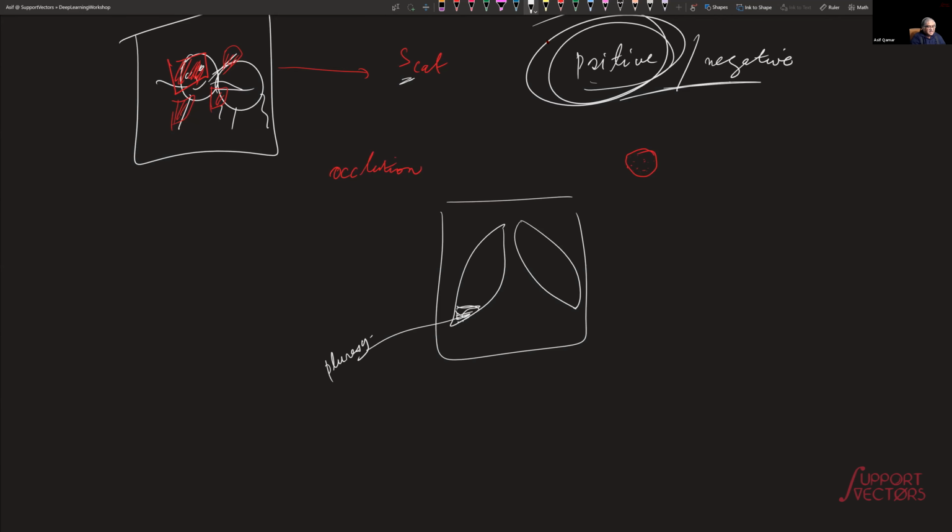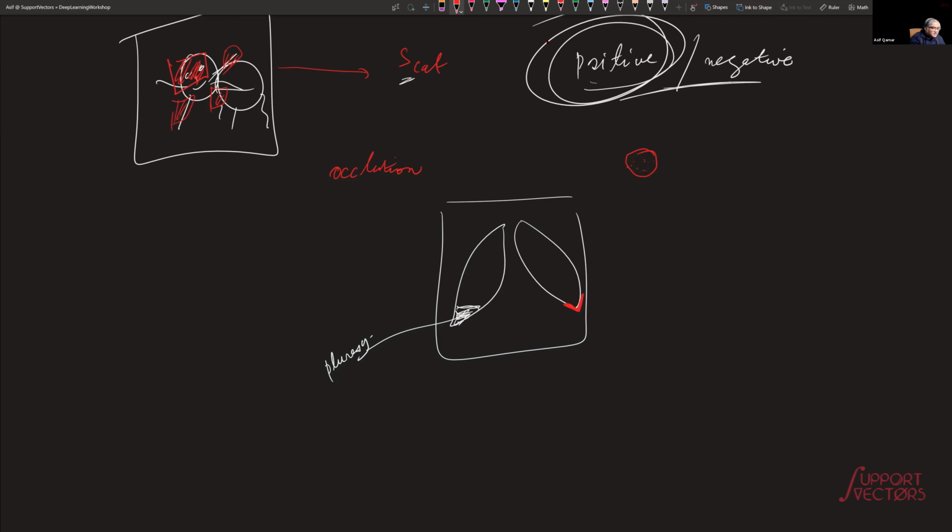In an X-ray, how would you detect it? If you ask a doctor how they know this person's lungs are filled with water, they look for this characteristic V shape.